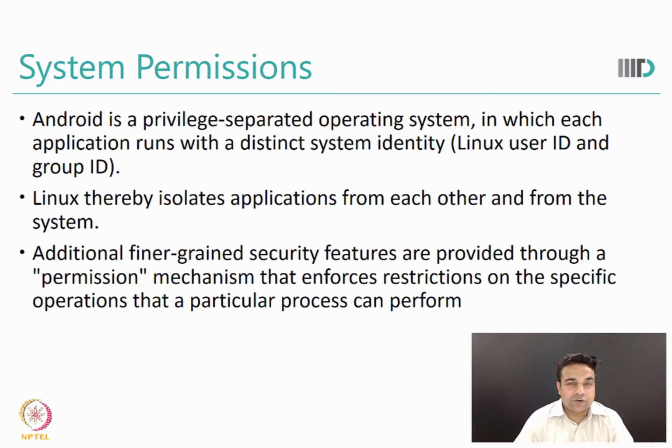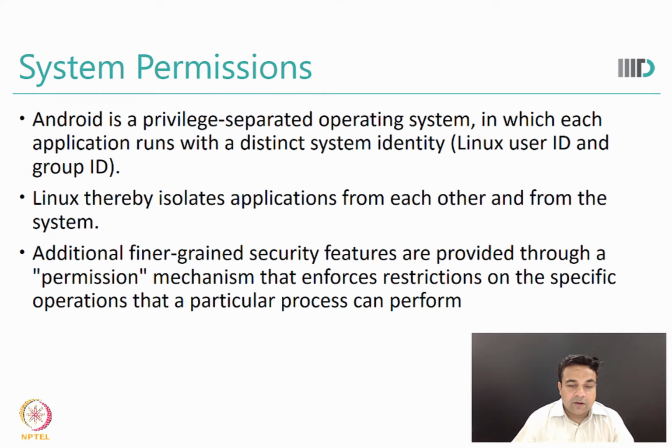And these permissions show who can do what with the file. Some may have permissions to only read, some may have permissions to read and write, some may have only permissions to write, some may have permissions to execute as well. So the Android operating system is also something similar for applications.